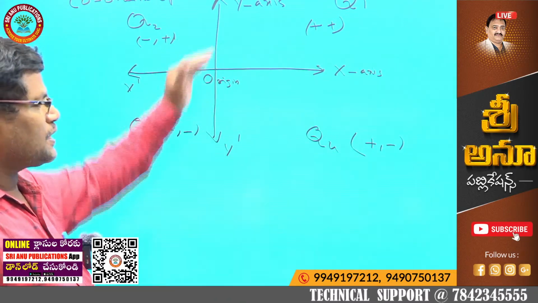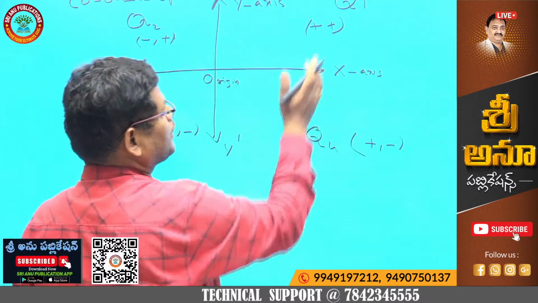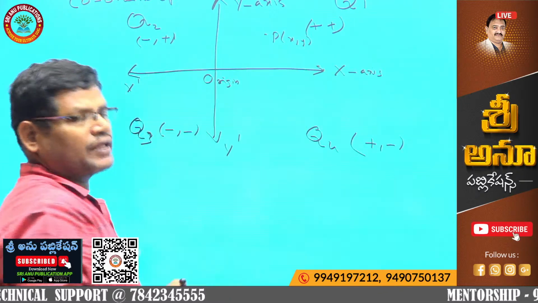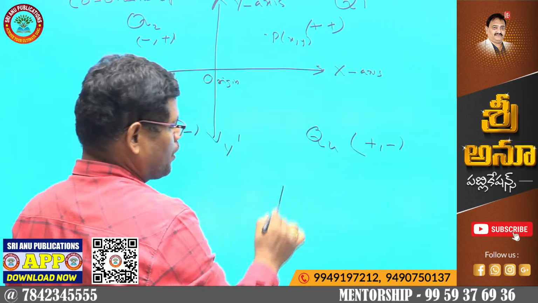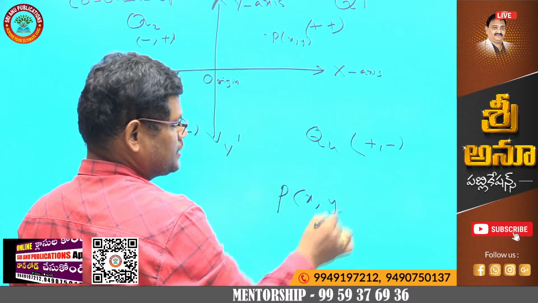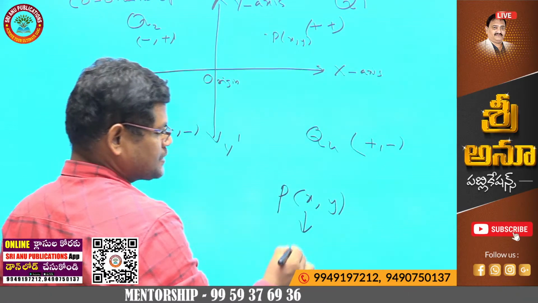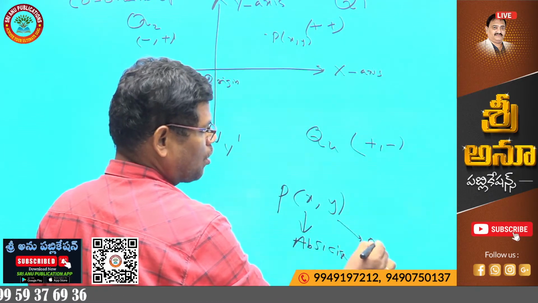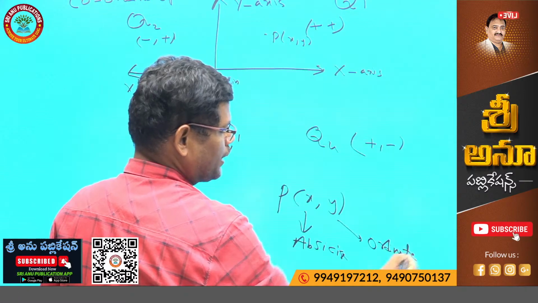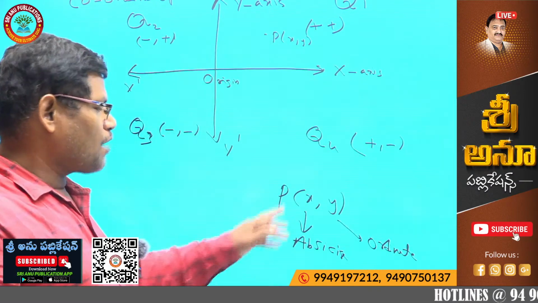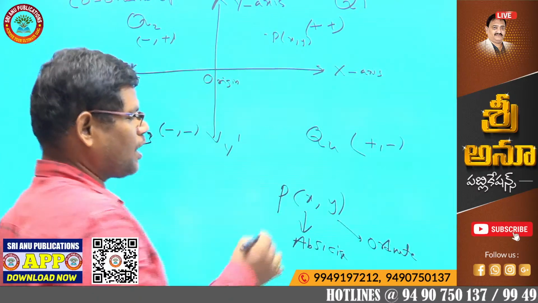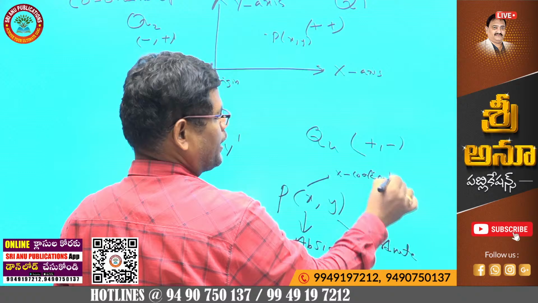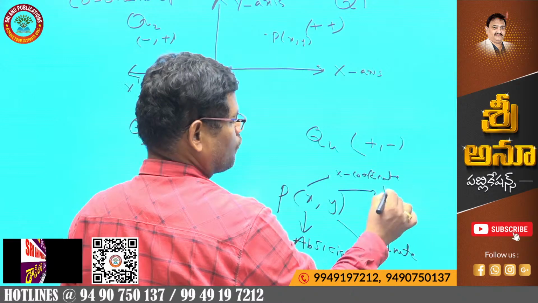What do we represent here? We can represent the points in that. Suppose I take P as x comma y. Now point P x comma y, in this one x is called the abscissa and y is called the ordinate, or x is called the x coordinate and y is called the y coordinate.